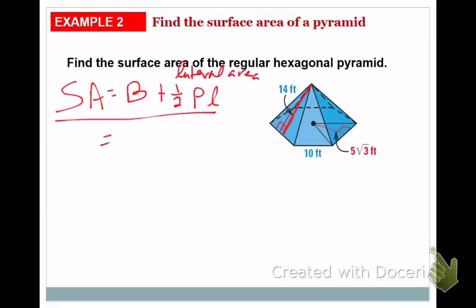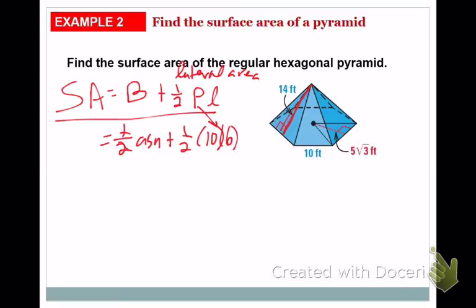So for this one, how do you find the area of the base? Well, it's a regular hexagon. So we have to do 1/2 a s n, then find the perimeter of that base, which is just add up all the sides, and all the sides are 10. There's going to be 6 of those sides, so we can do 10 times 6 to find the perimeter.